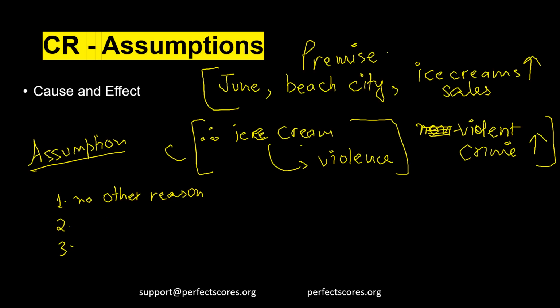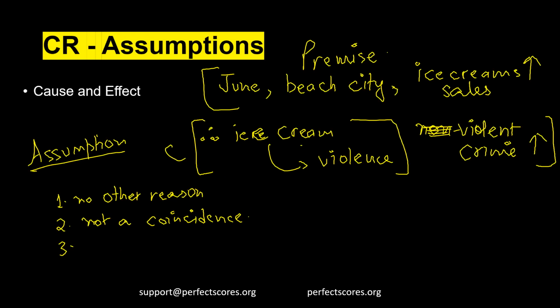The second assumption is that it's not a coincidence. But this particular argument has already figured that out by mentioning that this happens in every June. So that's an assumption that it's not just a coincidence, it happens every time.